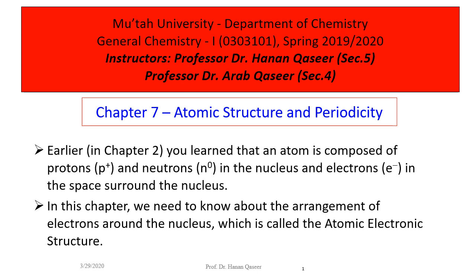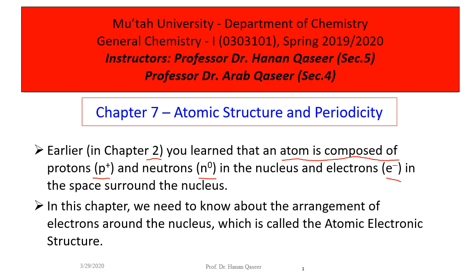As we know early in chapter 2, the atom is composed of three particles: proton, neutron, and electrons. Protons are positive, neutrons are neutral, electrons are negative.